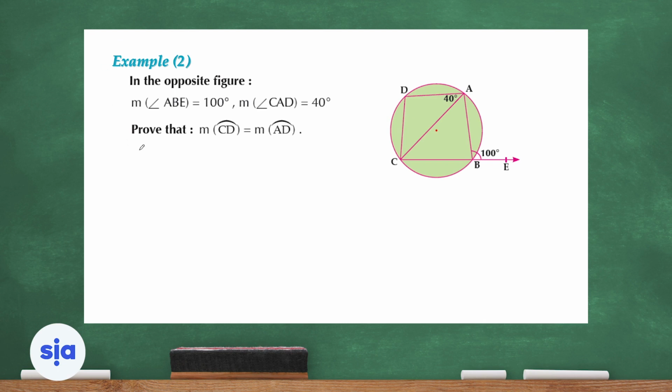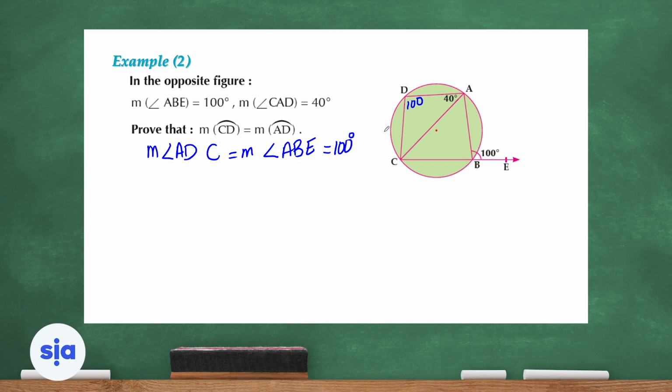You check here, you will see that the measure of angle ADC is equal to the measure of angle ABE, which is 100 degrees. So angle ADC as well is 100 degrees.